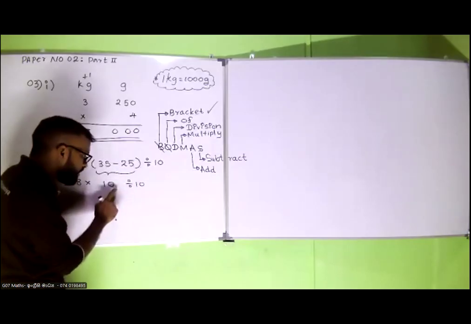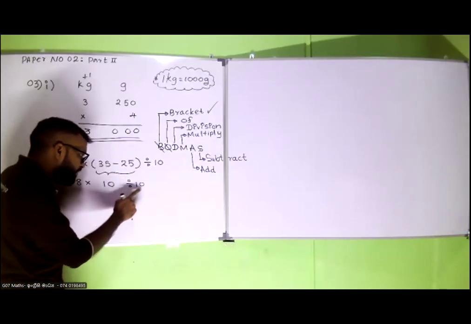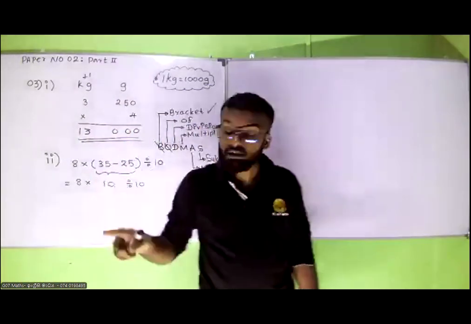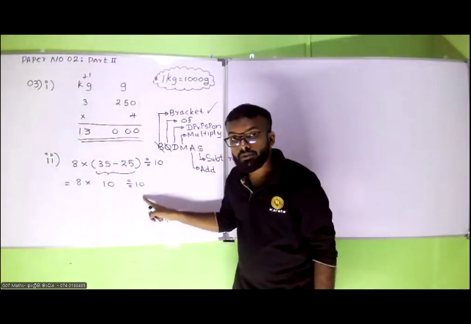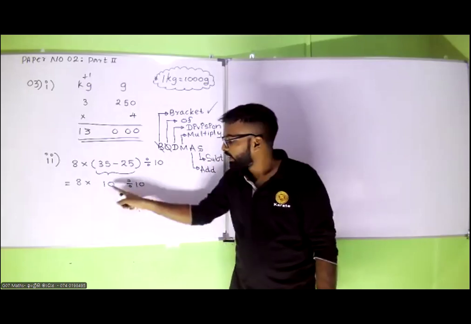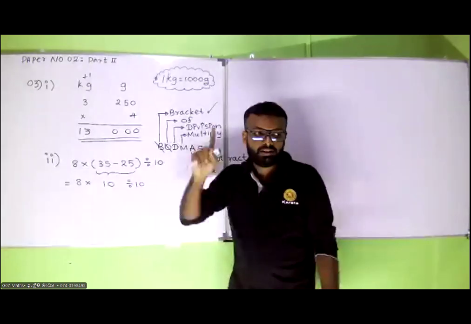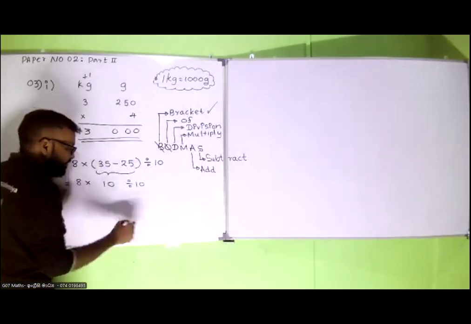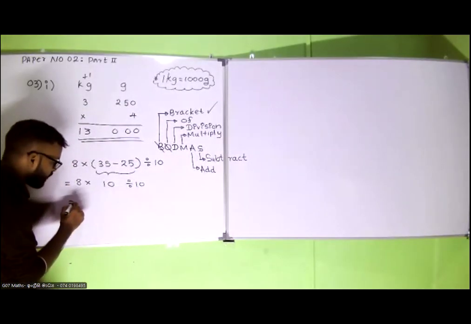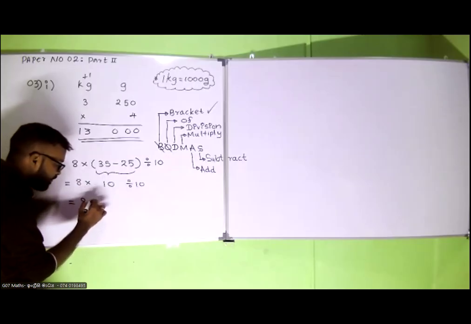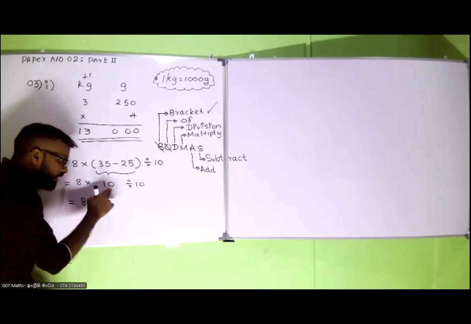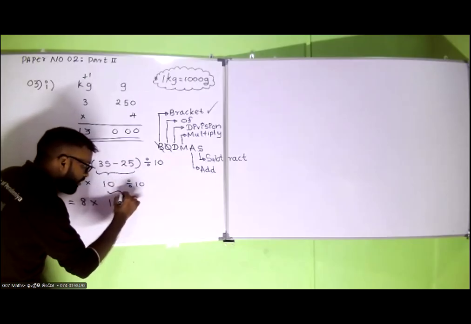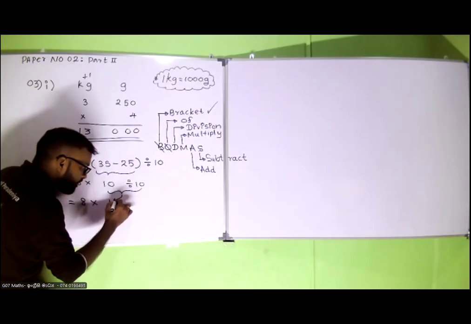Here we have division. 10 divided by 10 is 1. So you have to do this division. Then write 8 multiplied by 1, since 10 divided by 10 is 1.